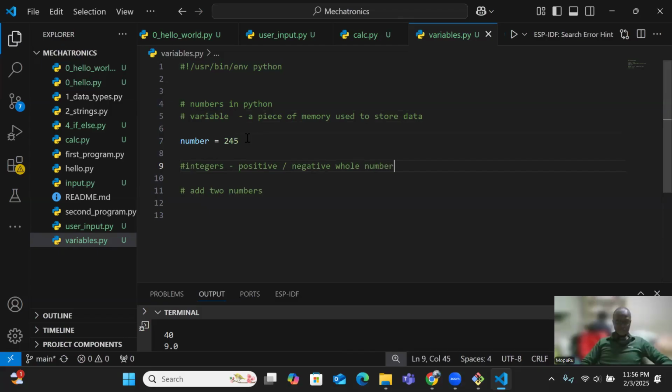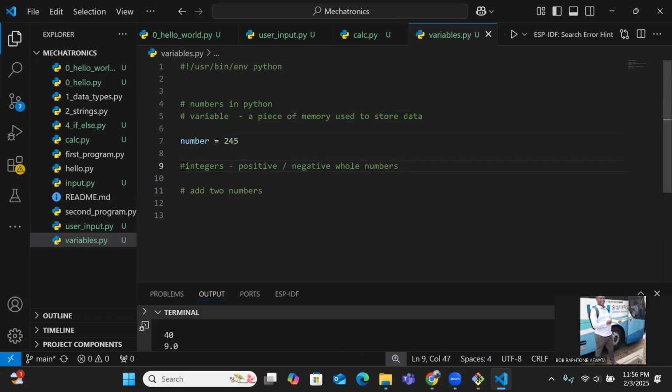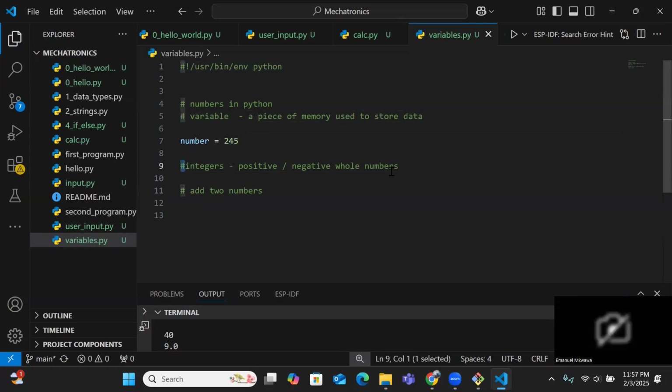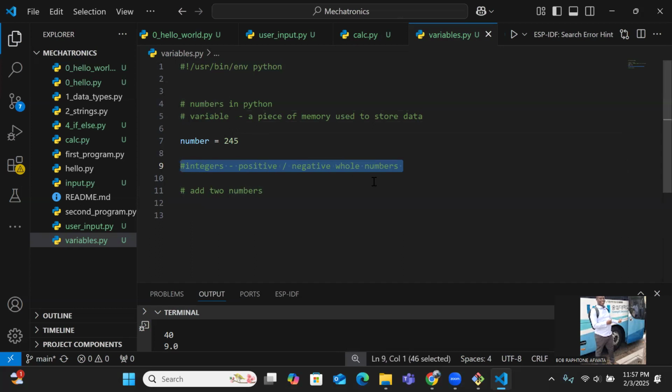And I've told you that if you use a hashtag, like this, it is a comment. The computer ignores whatever you have written there. So, for example, positive and negative whole numbers. If you say -2, that is a negative number.